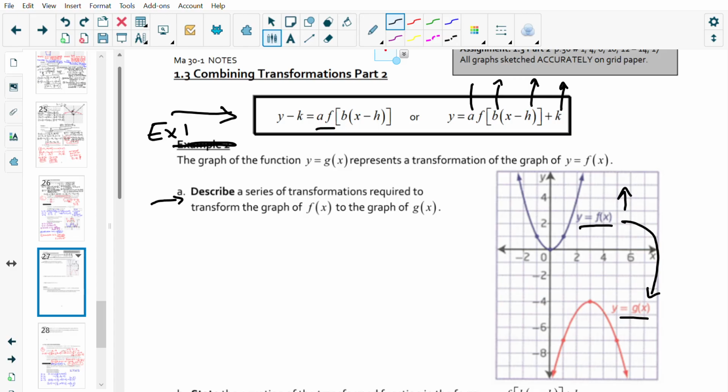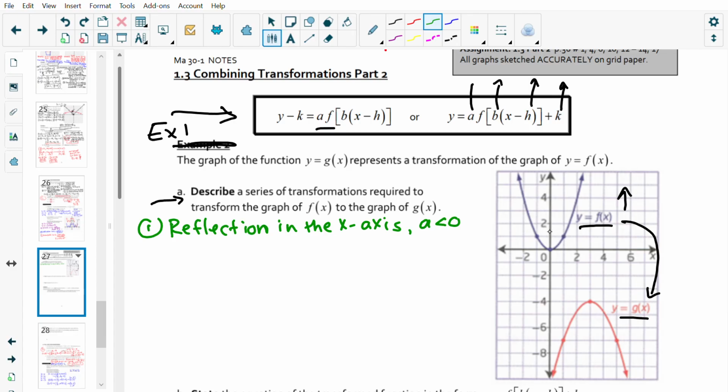So number one, in green, this is a reflection in the x-axis, because with a reflection in the x-axis, the a value is less than 0. I know that.